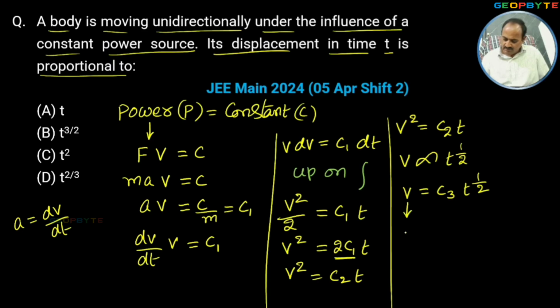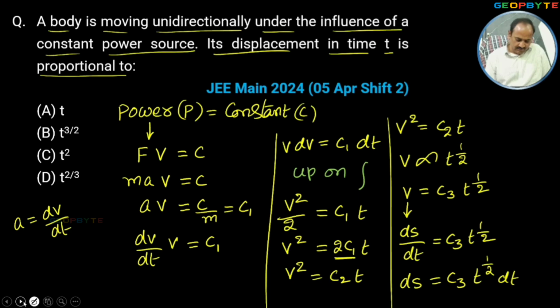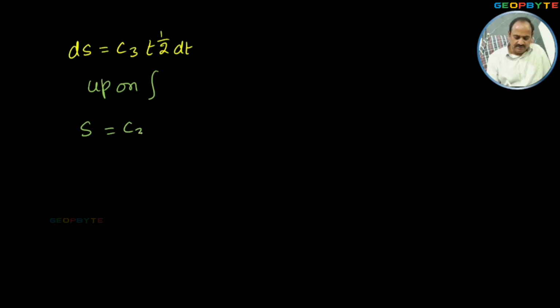Then v equals ds by dt equals c3 into t power 1 by 2, or ds equals c3 into t power 1 by 2 into dt. Let me write in the other slide. Again, upon integration, it gives s equal to c3 into t power 1 by 2 plus 1, divided by 1 by 2 plus 1.